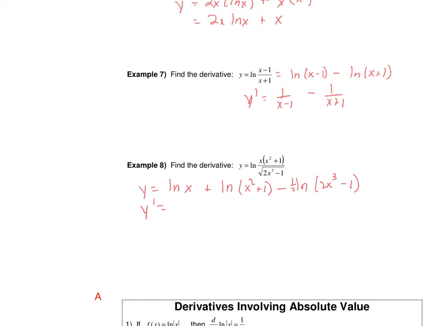Now when I take the derivative, it's 1 over the argument, chain rule, 1 over the argument, chain rule, 1 over the argument, chain rule, simplify, nothing to do there. Just write the 2x in the numerator. I can have my 6 and my 2 in the denominator simplify. And that's it.